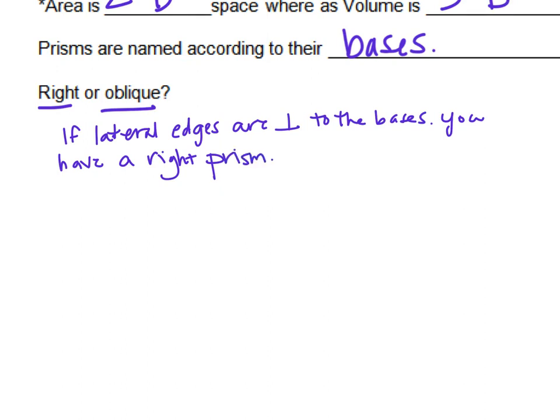So on the last slide, that prism example with the hexagon bases, that is a right prism because the lateral edges are perpendicular to the bases.